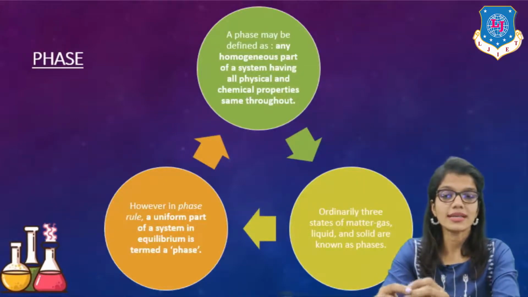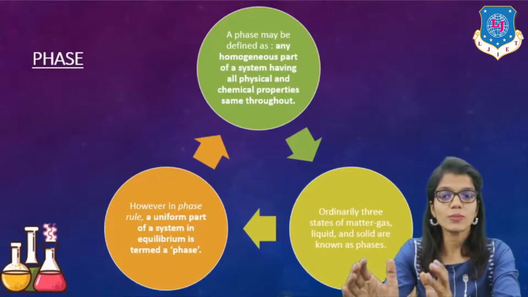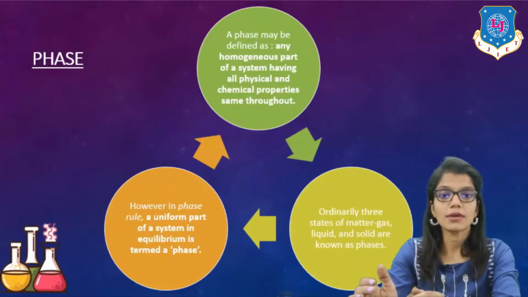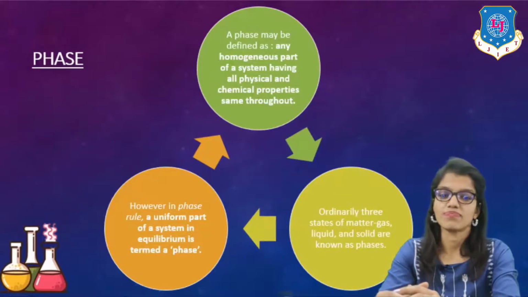A system which has one particular homogeneous part, with all the physical and chemical properties similar throughout the system, is known as a phase, denoted by capital P. Ordinarily, we have three different states of matter. As I said earlier, the first one is solid, second is liquid, third is gas. These three are known as phases.